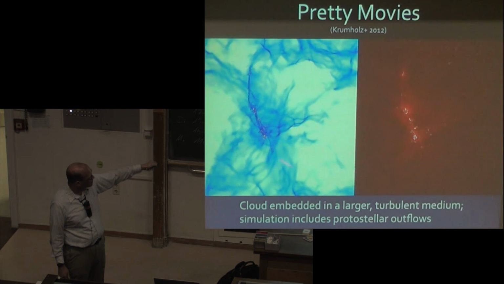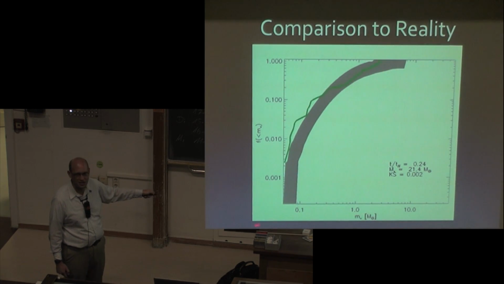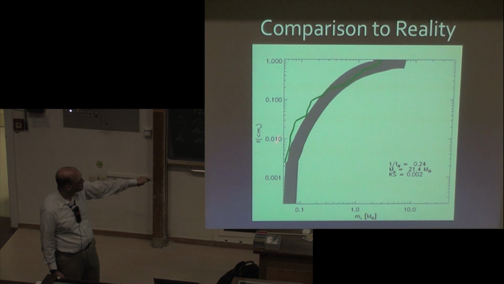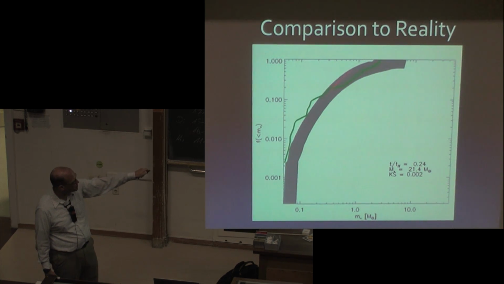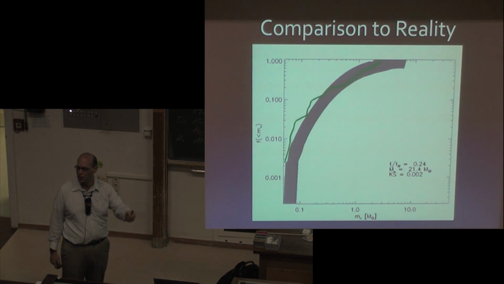All right, so I form a cluster of stars. Here's the mass distribution I get. The x-axis is mass in solar masses. The y-axis is the fraction of the total stellar mass in that mass bin. The green line is the simulations. The gray band is what you would get by drawing an equal mass of stars from the observed IMF.